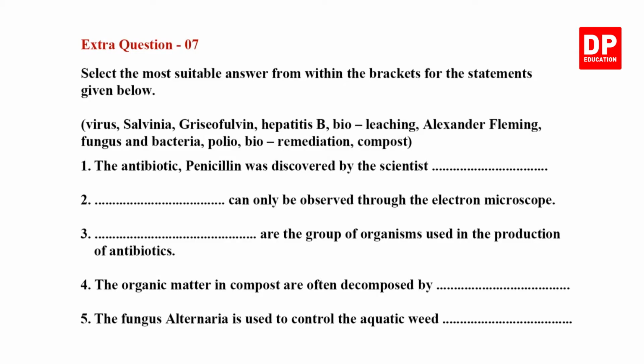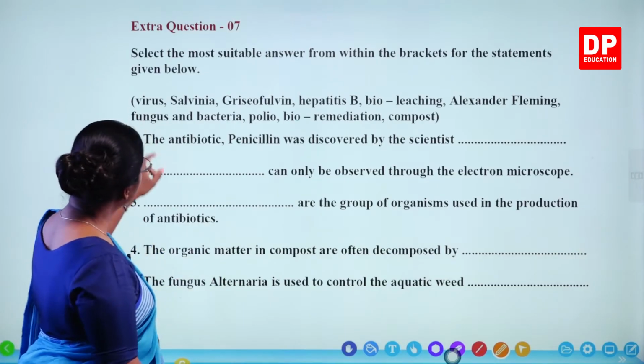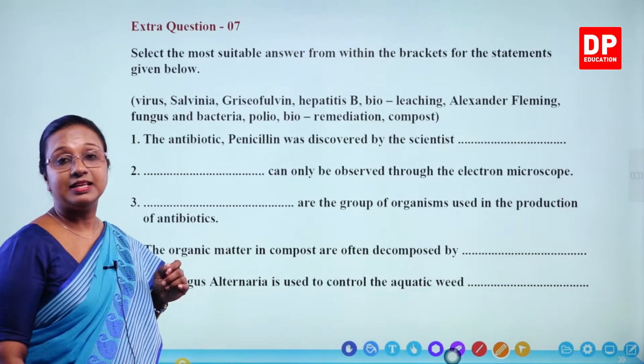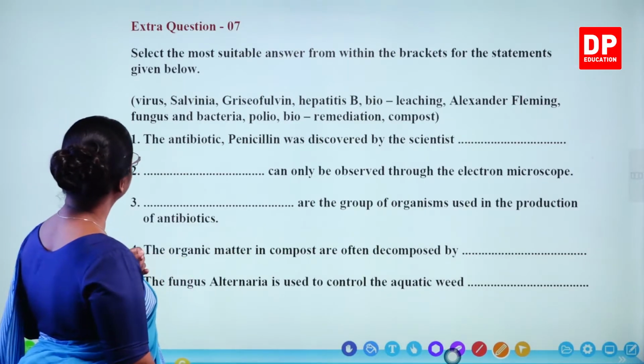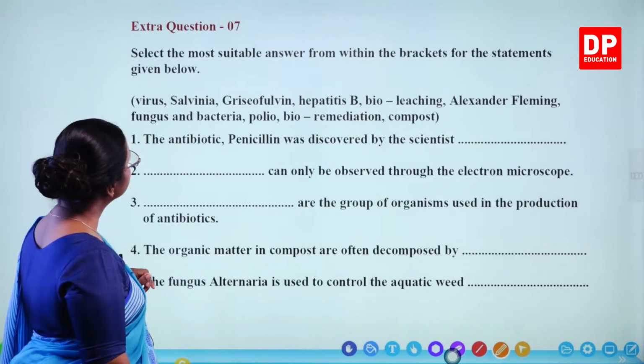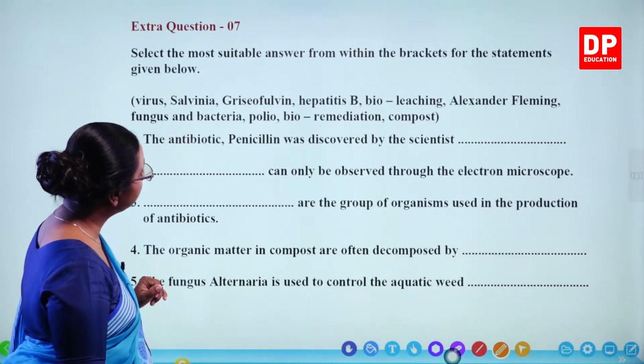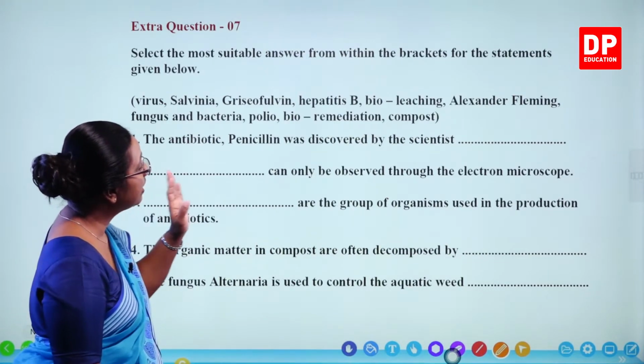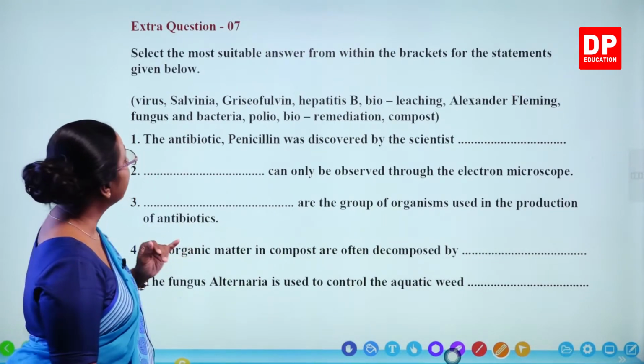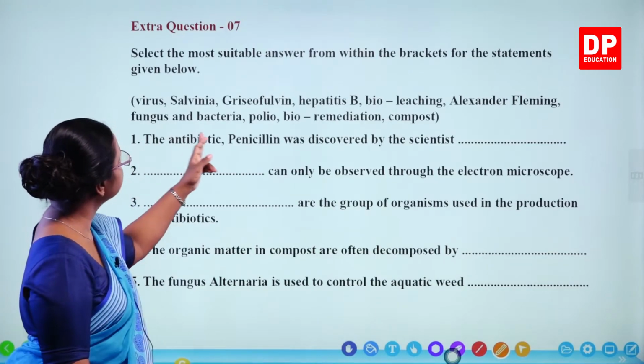Extra question 7. Select the most suitable answer from within the brackets for the statements given below. So you have to select the answer and write it in the space provided. Answers are virus, Salvinia, Griseofulvin, hepatitis B, bioleaching, Alexander Fleming, fungus and bacteria.